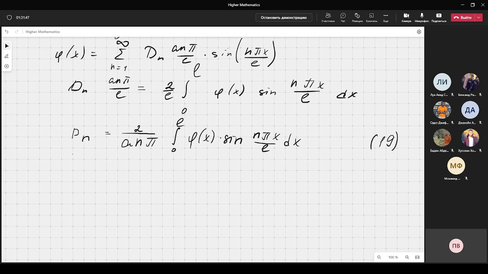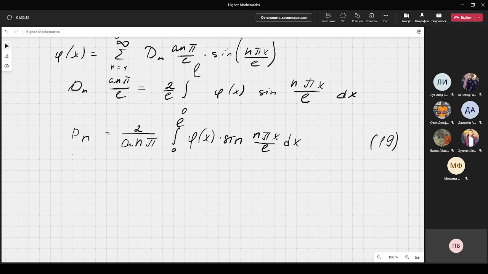Thus, we have proved that the series 16, where the coefficients c_n and d_n are defined by formulas 18 and 19, if it admits double term-wise differentiation, is a function u of x, t, which is the solution of equation 1 and satisfies the boundary and initial conditions 2 to 5.